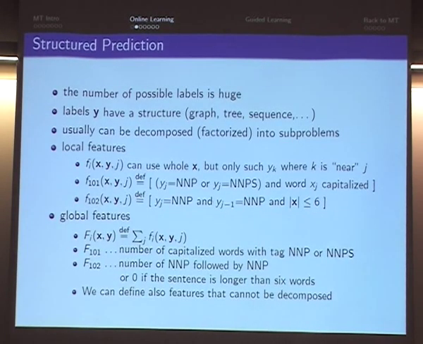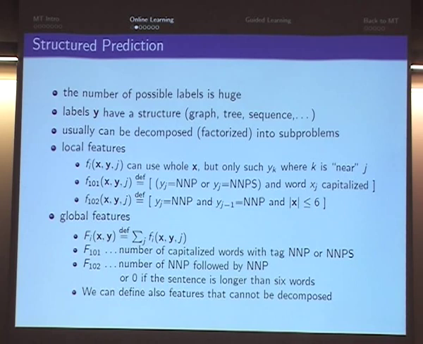So this is another machine learning task called structured prediction, where you can think of it as a multi-class classification problem, but the difference is that the number of possible labels, Ys, is really huge, exponential, like billions or even more. Sometimes you don't know in advance what the features will be in structured prediction problems.